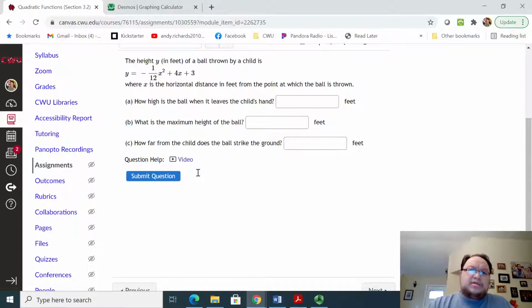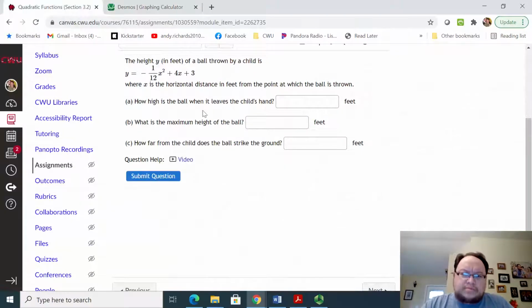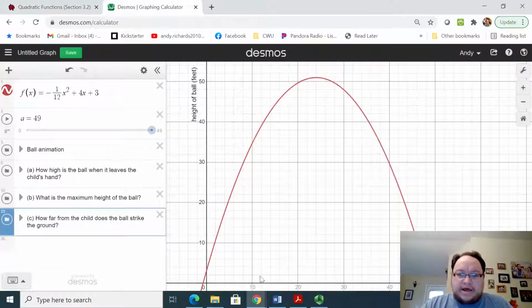So if we look at it, here's our situation, where here's the ball. The kid is going to be the y-axis up to that point, and the kid's going to throw the ball, so it's going to go like this, and off it goes until it hits the ground. The things we need to remember here are our inputs and outputs.